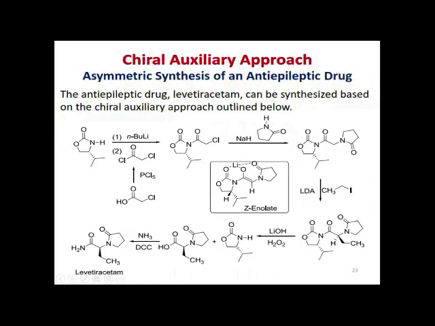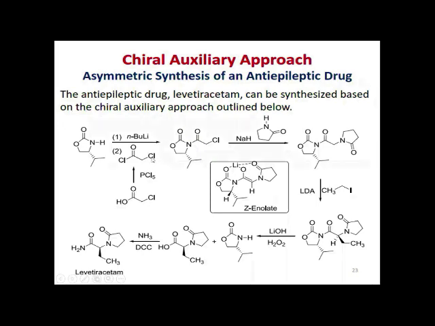This is another example. It is a well-known example of asymmetric synthesis of an anti-epileptic drug. The name of the drug is levetiracetam. It can be synthesized based on the chiral auxiliary approach. This is the same chiral auxiliary that we used in the previous reaction. Here the same reaction is there, but instead of a propyl group we are using chloroacetic acid, and here dichloroacetic acid is used.